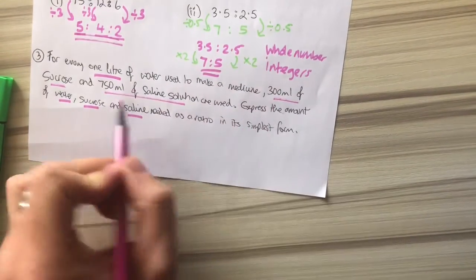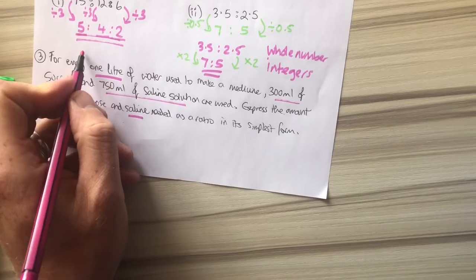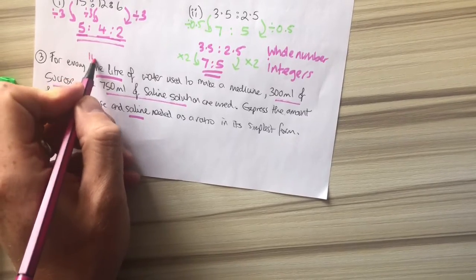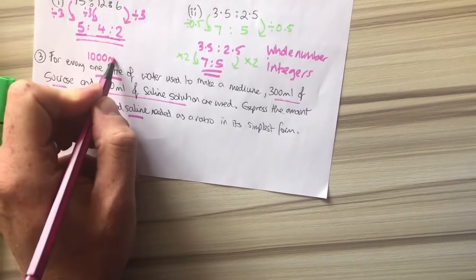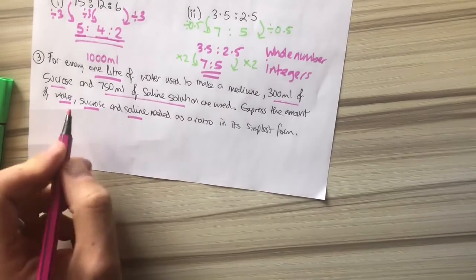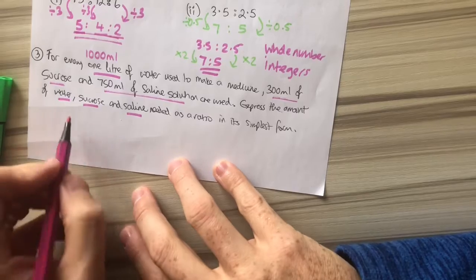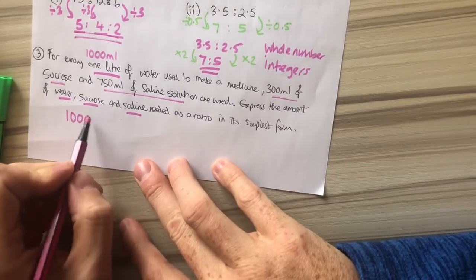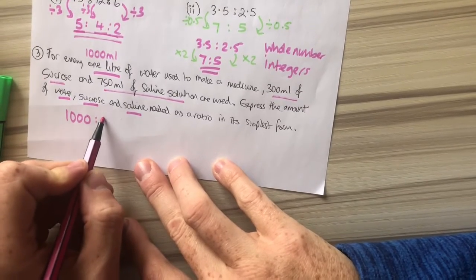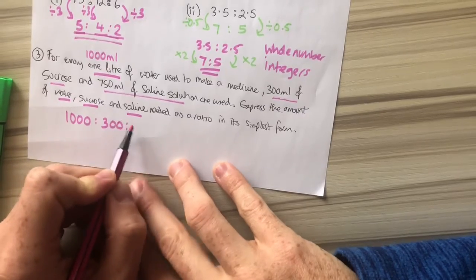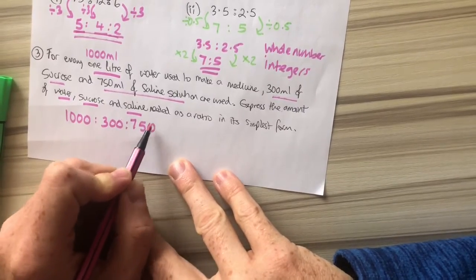These two are in millilitres, this one's in litres. How many millilitres are in a litre? That's 1,000. So I've got water, 1,000. I've got 300 mils of sucrose and 750 of saline.